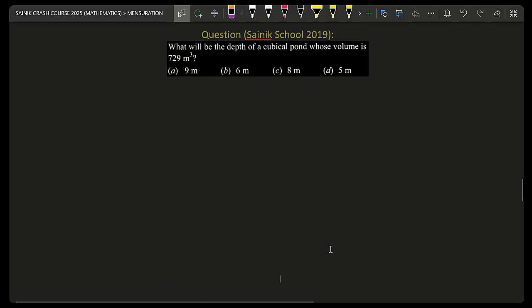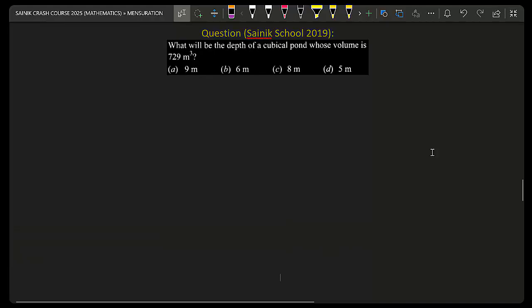So 2019 paper, we got this question. What will be the depth of a cubical pond? Cubical means it is in the shape of cube, whose volume is 729 meter cube. Who is going to answer this? Abhyuday, read the question again.